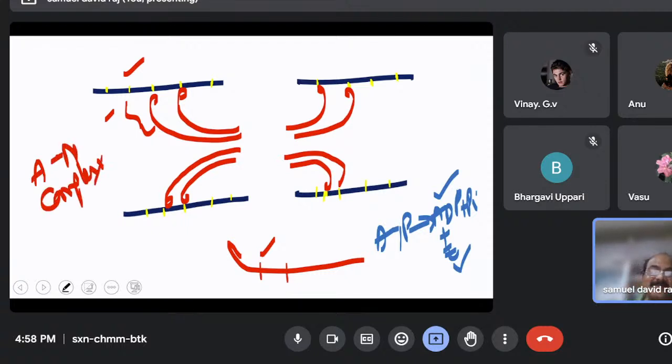So after the active sites of actin are exposed, the next event is the formation of the actomyosin complex. This is actin, this is myosin. Both are connected by cross bridges, forming the actomyosin complex. Now what happens? After the formation of the actomyosin complex, some amount of energy is released.